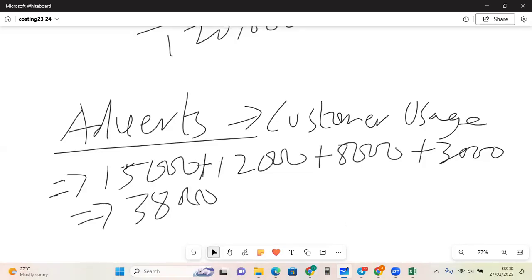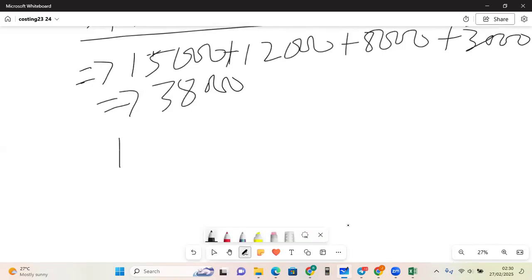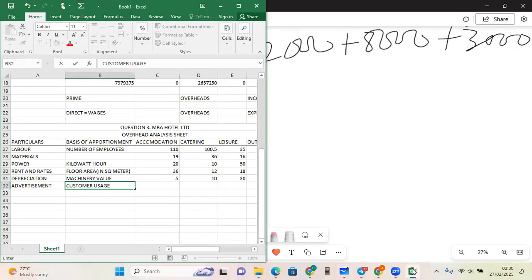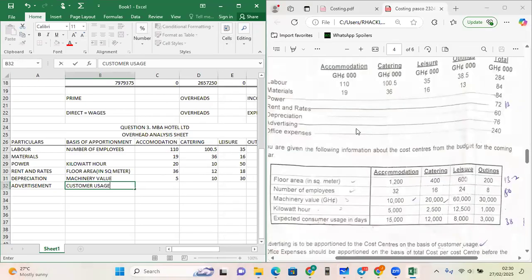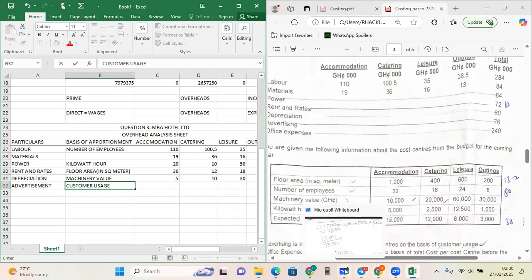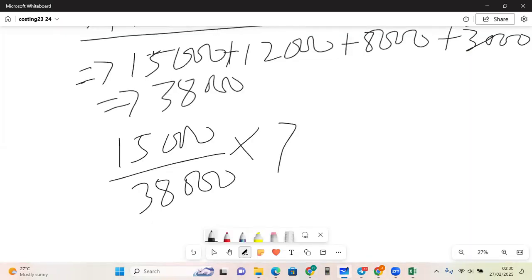So the same way, take the first one all over 38,000 times the total advertisement, which is 76. Then we get that.